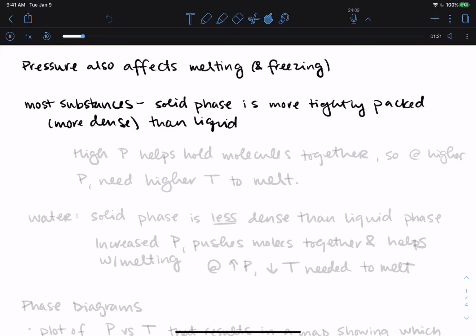So if you have this solid substance and you increase the pressure, that pressure helps hold the molecules together. So high pressure helps hold.